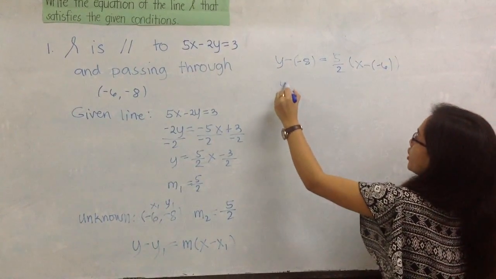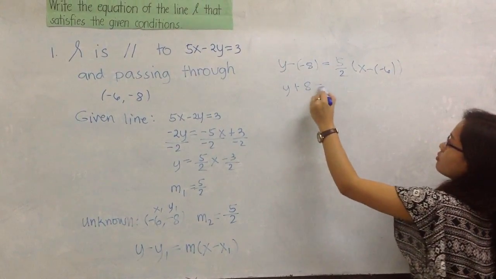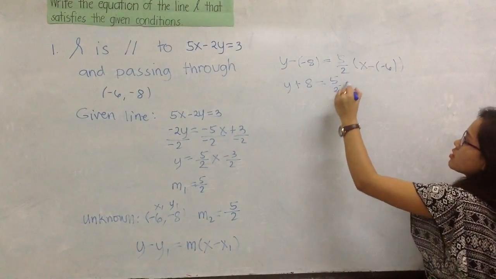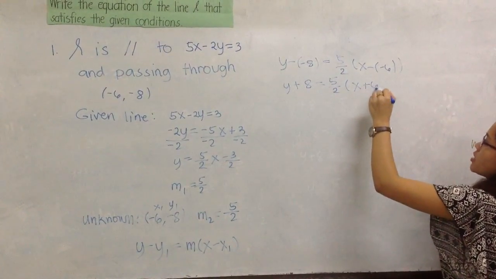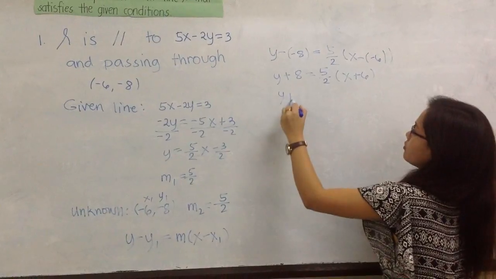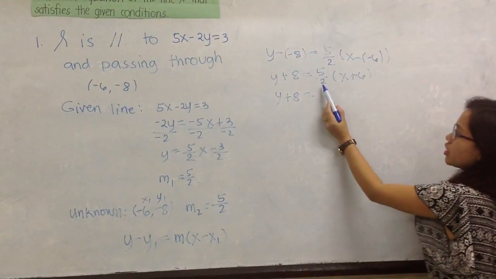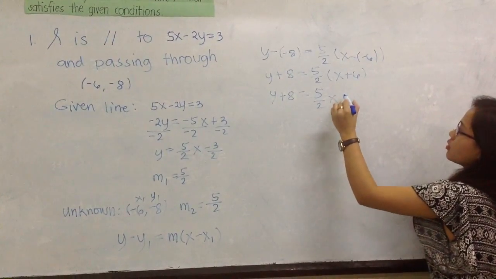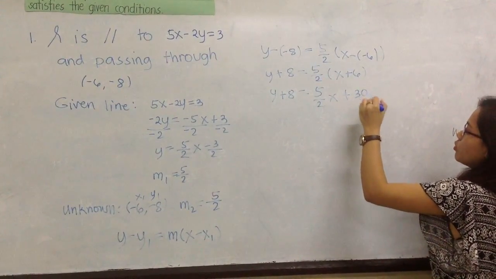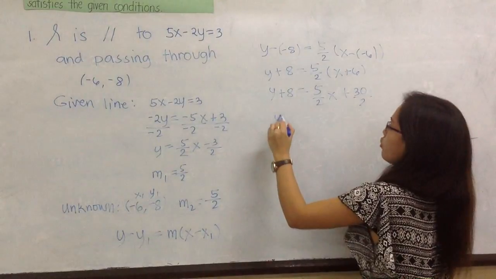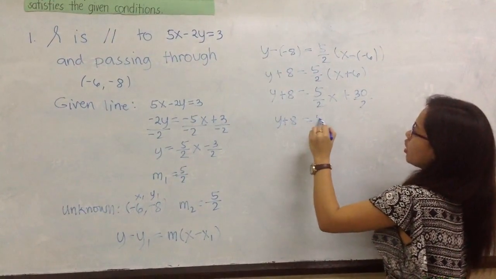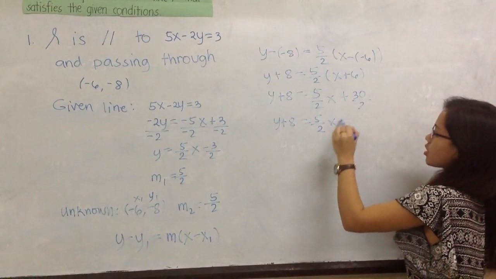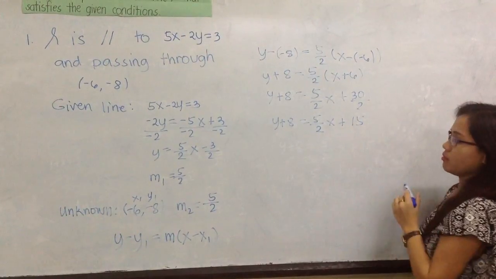So simplify further, y plus 8 equals 5 halves times x plus 6. And then distribute the 5 halves, it becomes 5 halves x plus 30 over 2. Therefore, y plus 8 equals 5 halves x plus 15.